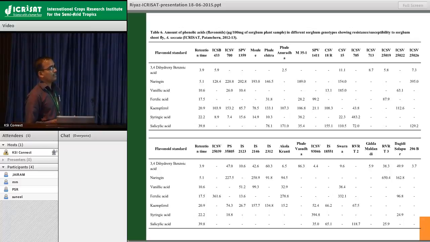Whereas the susceptible genotypes show vanillic acid and ferulic acid, which are not reported in the resistant genotype. This shows that these are the compounds responsible for susceptibility, and these are the compounds responsible for the resistant nature in the genotypes. So even though a few of the genotypes have reported these compounds, the concentration varies within the genotypes.